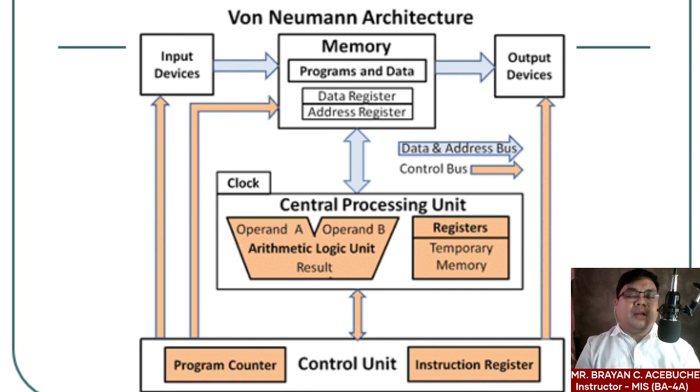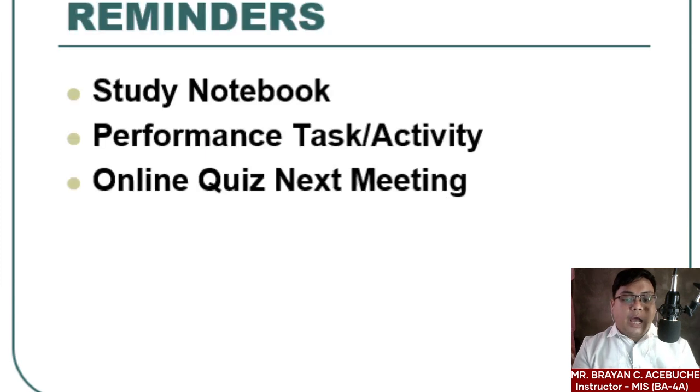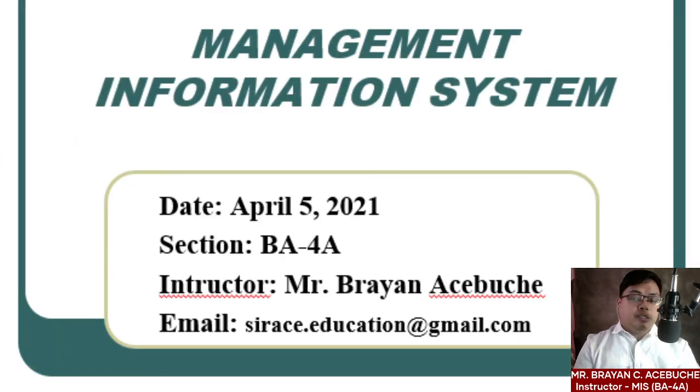And with the computer architecture, the computer is enabled to understand its flow, how it will move and how it will work. Now, that's all for our first lesson for today.